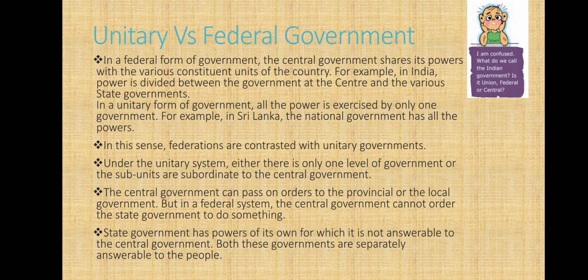State government has powers of its own for which it is not answerable to the central government. Both these governments are separately answerable to the people. We'll discuss more about it when we discuss the features in the next unit, for the present.